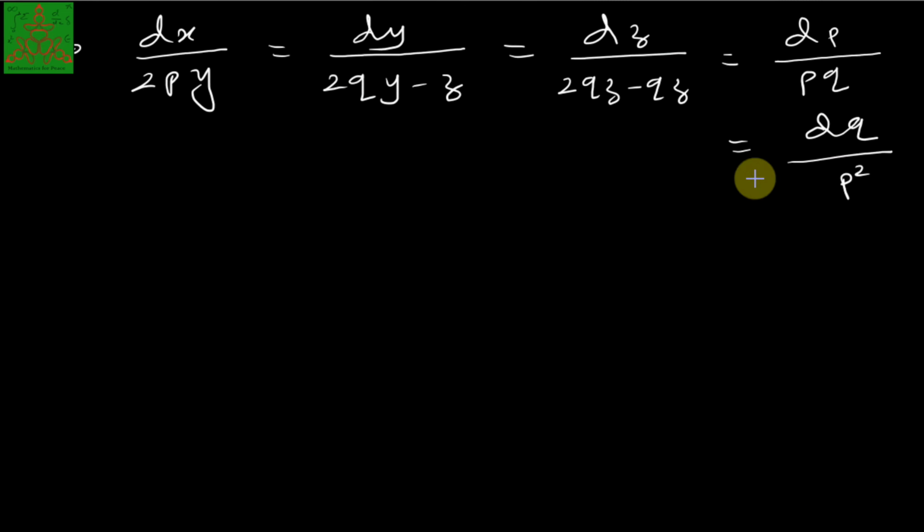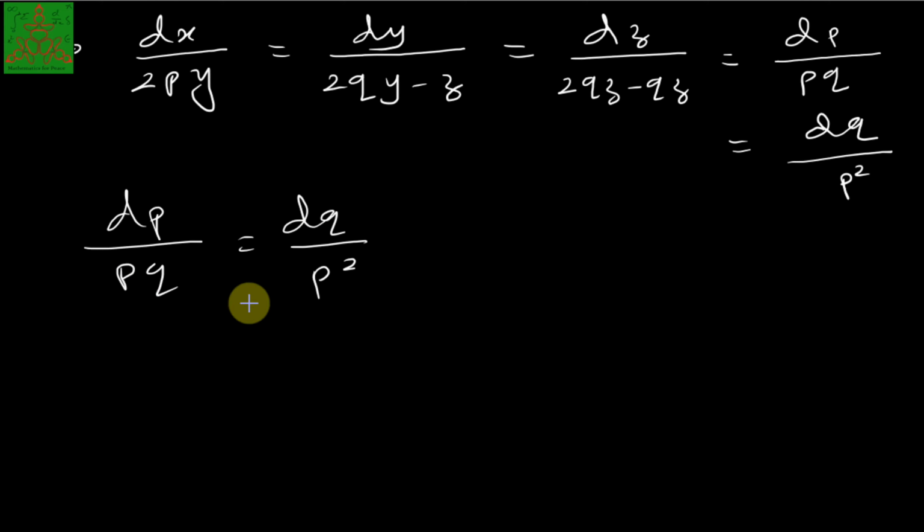Now we need to use any two of these equations, or some operation on them, to find one solution. If I compare the last two equations, that is dp/pq = dq/p², p is cancelled out, so that gives me p dp = −q dq.